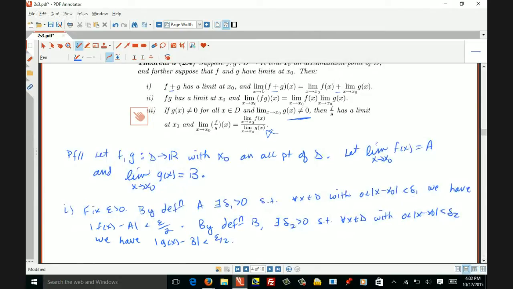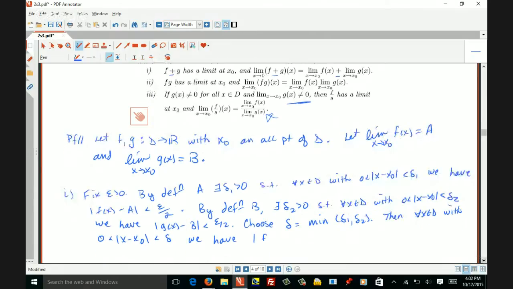What should we choose our delta to be? We have a delta 1 and a delta 2. We need to choose a delta now. Yeah, choose delta to be the minimum of delta 1 and delta 2. Then for all x in D with 0 less than absolute value of x minus x naught less than delta, we have, I'm doing the addition, it doesn't matter if I do addition and subtraction, so I'm going to put them both together: absolute value of f of x plus or minus g of x minus A plus or minus B. Split them apart.